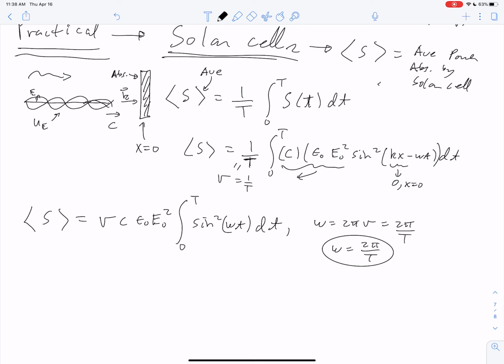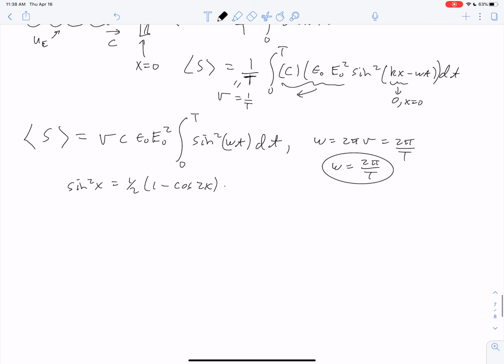Now to do this integral, let's use a little trig identity: sine squared x is equal to 1/2 times 1 minus cosine 2x. And then we'll plug it in there.